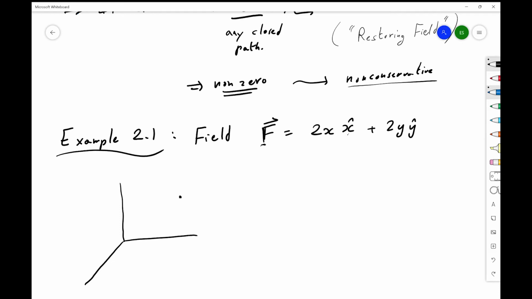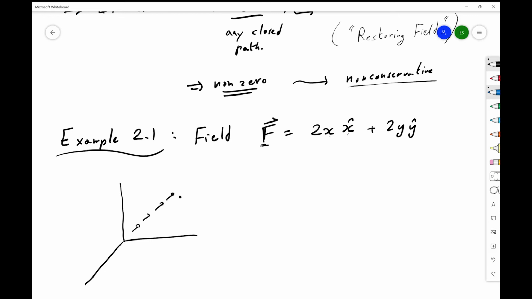So if F is a force field, let's find the work done by moving. Let me sketch the force field here. So what happens if x and y are 0? The force field is 0. What happens if x and y both increase? We get a bigger field. The sketch could look something like this.